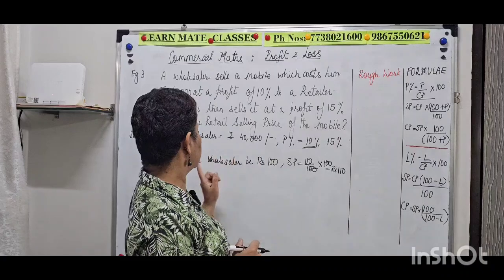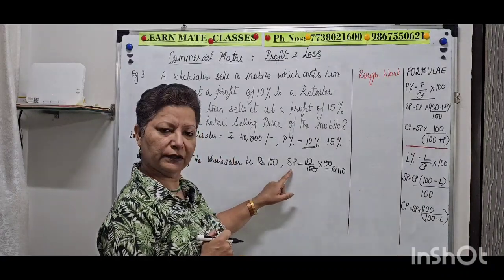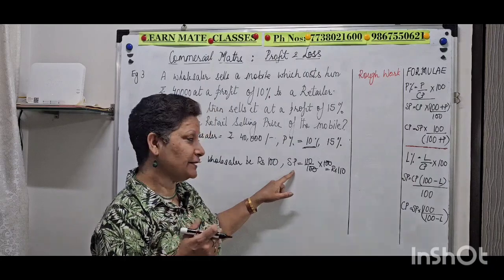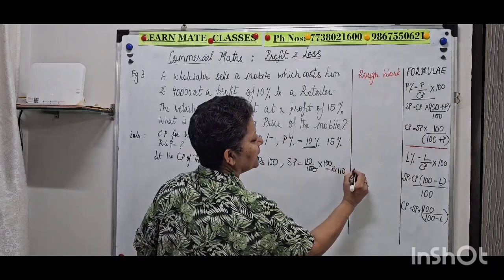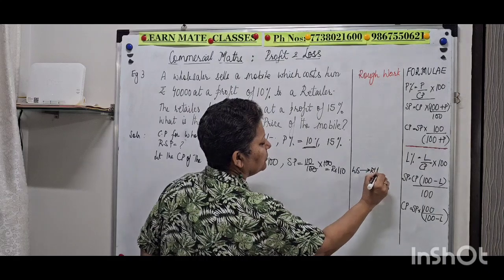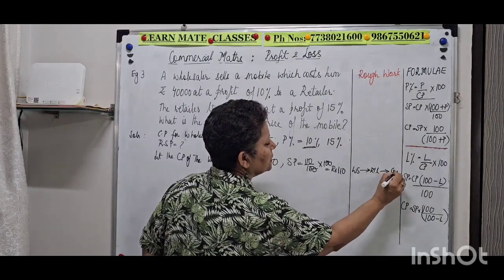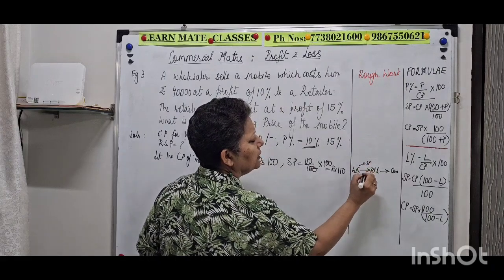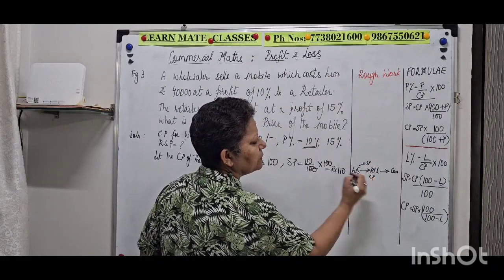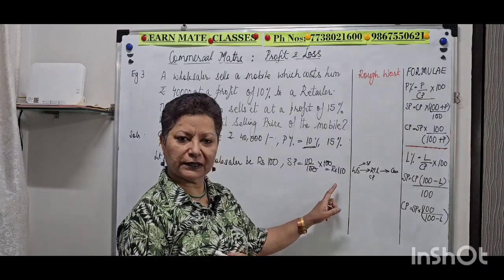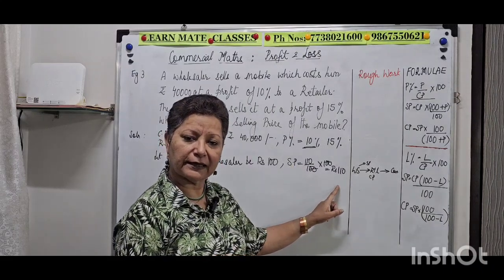Now this was the selling price of the wholesaler. But do you agree that it's gone from the wholesaler to the retailer and from the retailer to the consumer. So whatever was the SP for the wholesaler would actually be the CP for the retailer. So that means the CP for the retailer is nothing but 110 rupees.